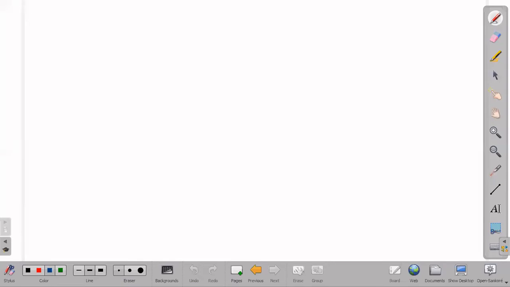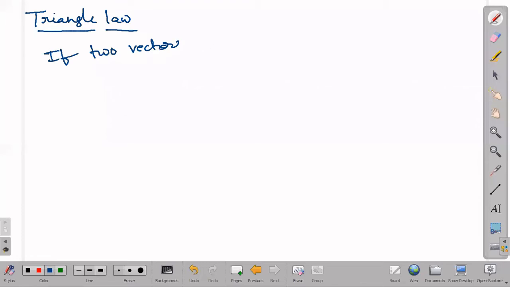Now, the triangle law of vector addition. In this, the statement is important.